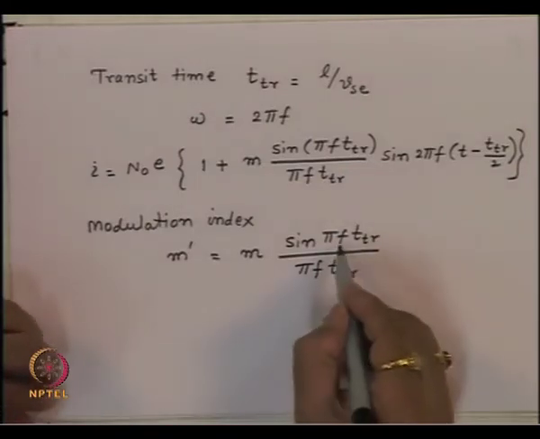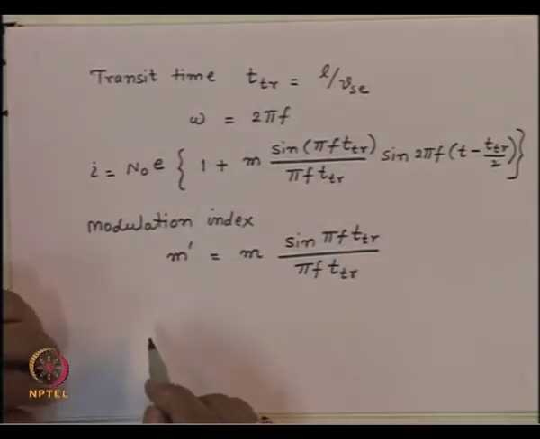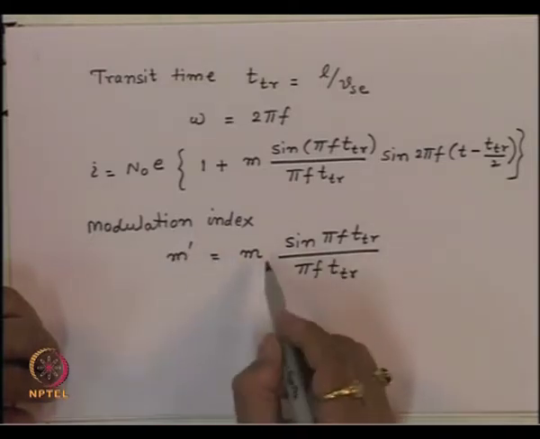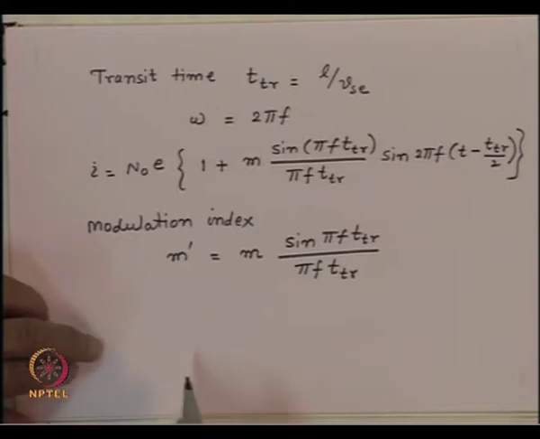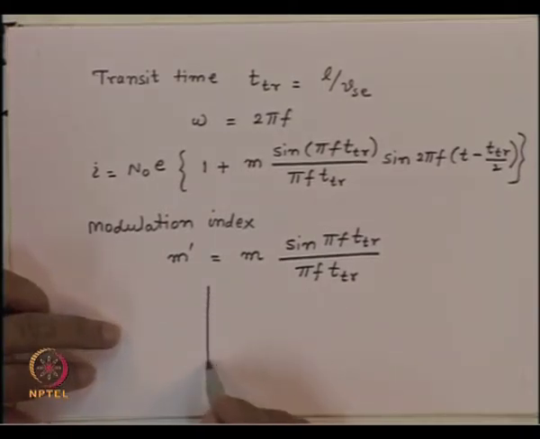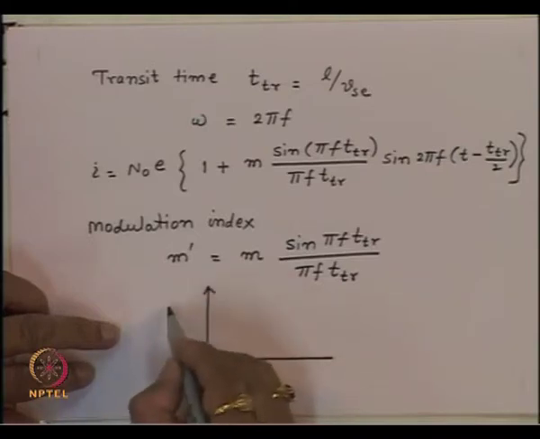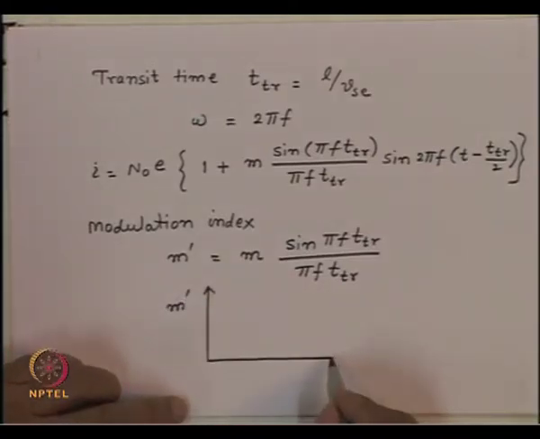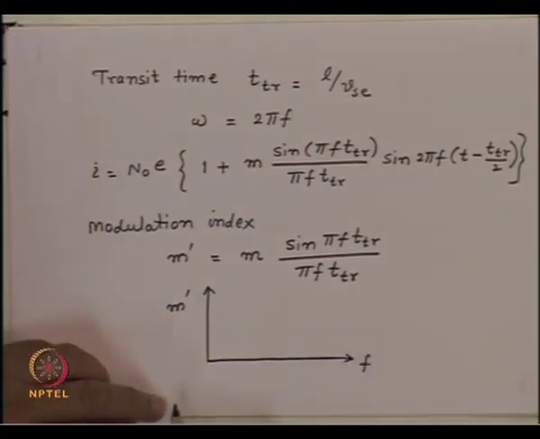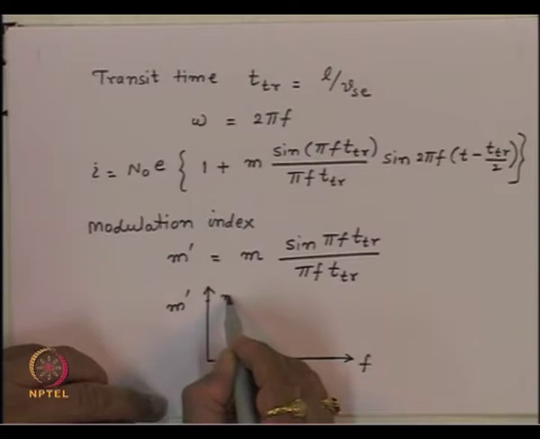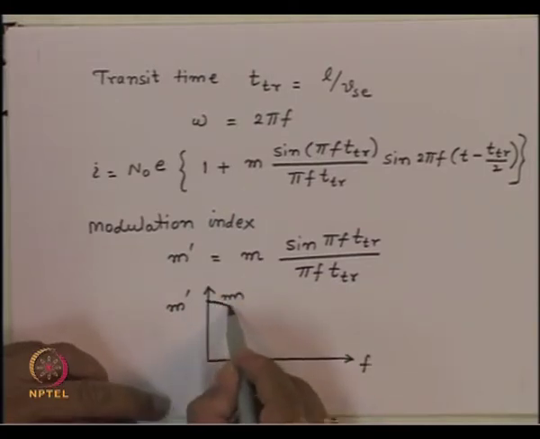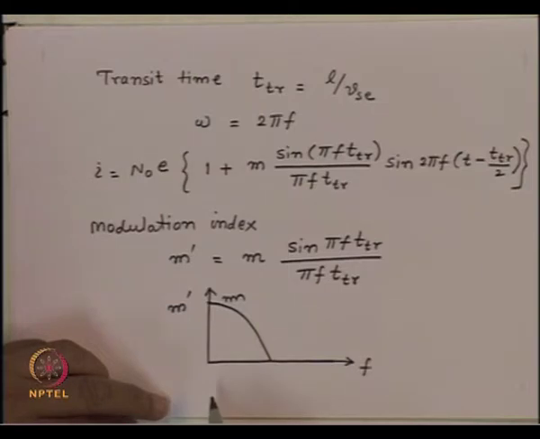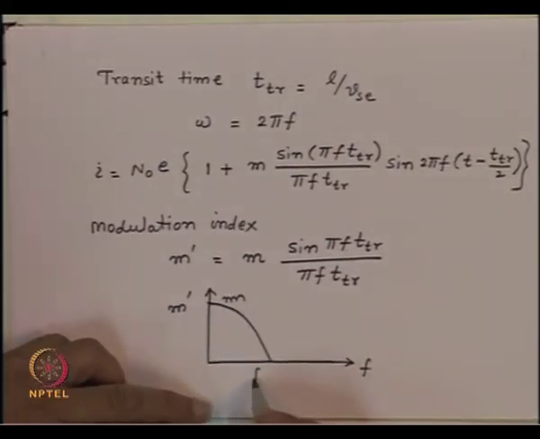As we go to higher frequencies, the modulation index m prime is smaller than the original modulation index. So, if I plot this modulation index m prime as a function of frequency, originally we have a modulation index equal to m, and then the modulation index reduces. When f is 1 upon transit time, the modulation index goes to 0. So, this frequency is 1 upon t_transit.